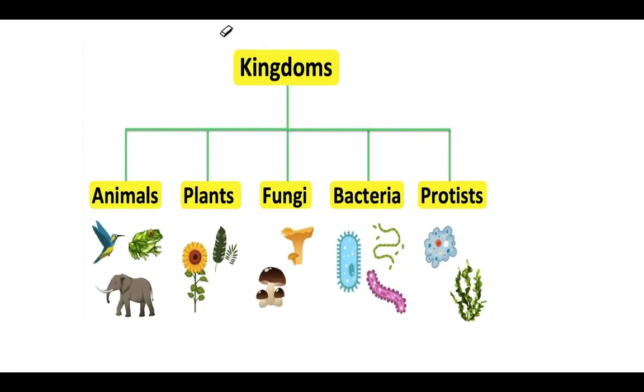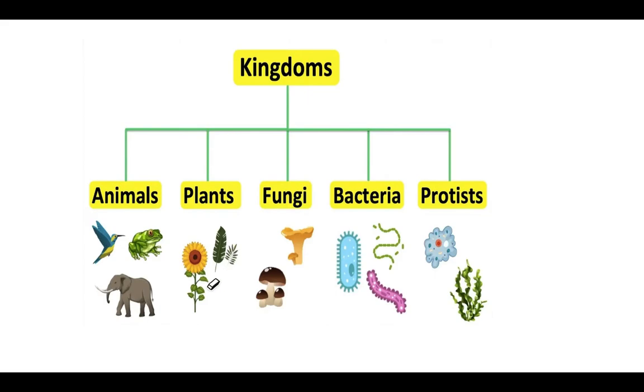We now look at the kingdom systems. There are 5 kingdoms which we have to know. We have Animalia, Plantae, then Fungi, then Monera, even though it was written bacteria, but this is Monera, and then we have Protista. This is the actual classification system.